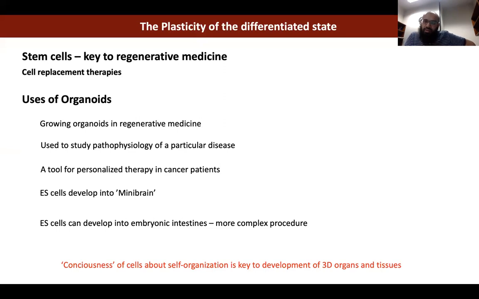But if you digest the extracellular matrix, they transdifferentiate into smooth muscle cells. So this is an example of how the 3D environment exerts its effect on the differentiation state of a particular tissue. But of course, there are other factors inside the cells that recognize this, that are conscious about this organization into a 3D organ, which is so far not fully understood.